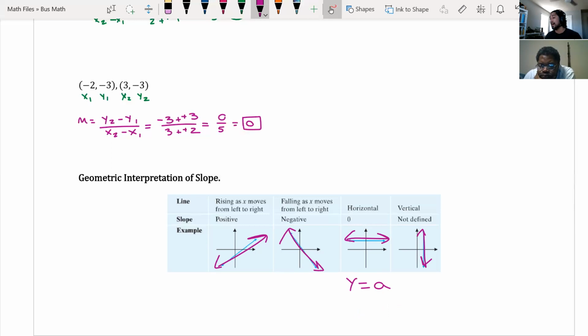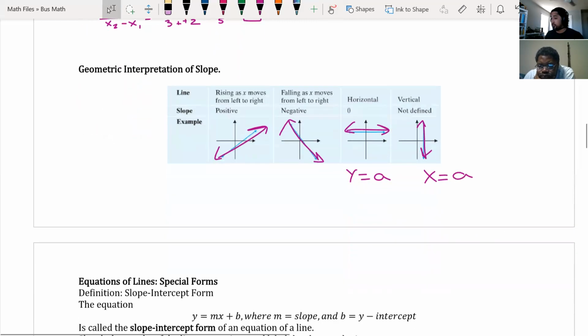The equation of a vertical line is always x equals some number a, any number you want. So if I said x equaled 10, it would still be the graph of a vertical line. Okay, so that is just interpretation of slope.